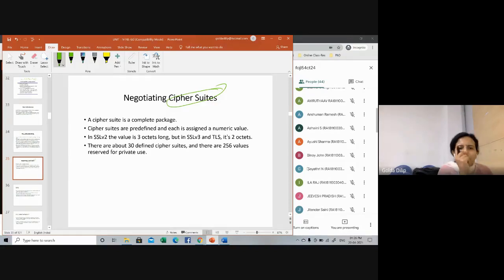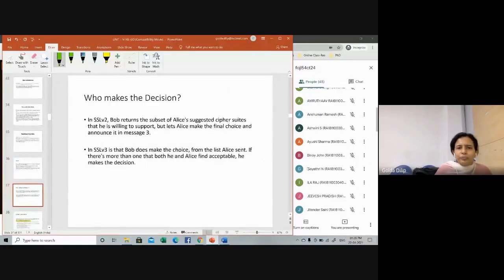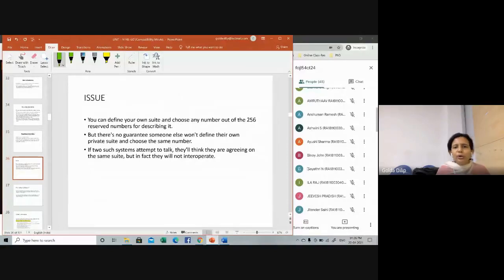I also mentioned that it's a complete package, how it is in SSL version 2 and how it is in SSL version 3. These are just one method of security that the organization should be having, the cipher suites. Then one issue can happen when you start defining your own cipher suites.